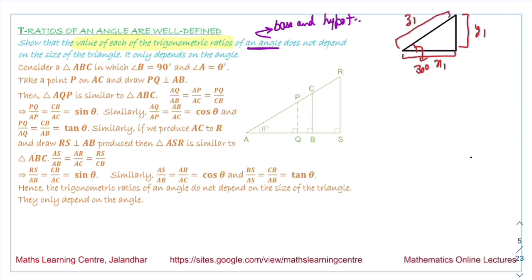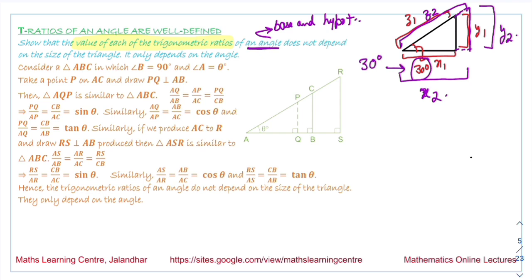Now if we increase the length without changing this angle of 30 degrees, the new base is x2, this length is z2, the height has increased to y2, but this angle is again 30 degrees, then the trigonometric ratios will not change.